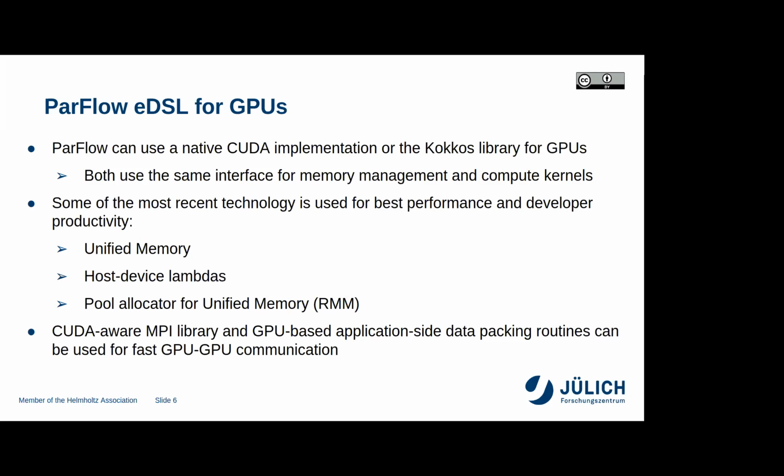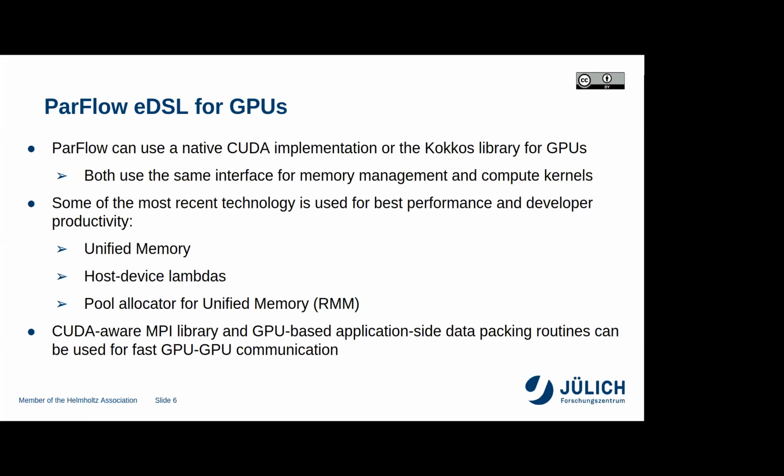The first backend implementation for GPUs in ParFlow was based on CUDA C++, but using a general enough third-party library such as Alpaka, Kokkos, or RAJA, for example, to target more architectures at once would also be possible and easy to implement. And we actually recently just added Kokkos into ParFlow to demonstrate this and make ParFlow ready for the upcoming AMD GPU architectures.